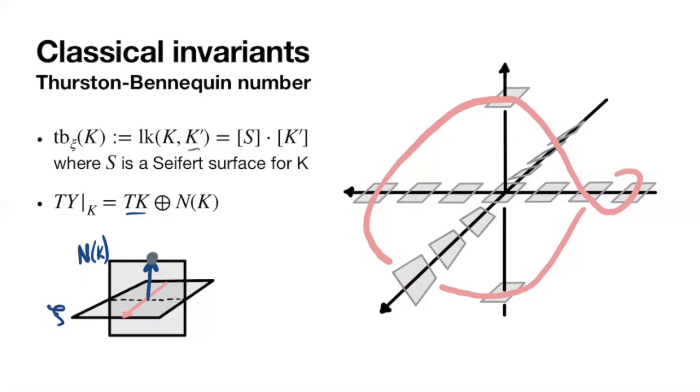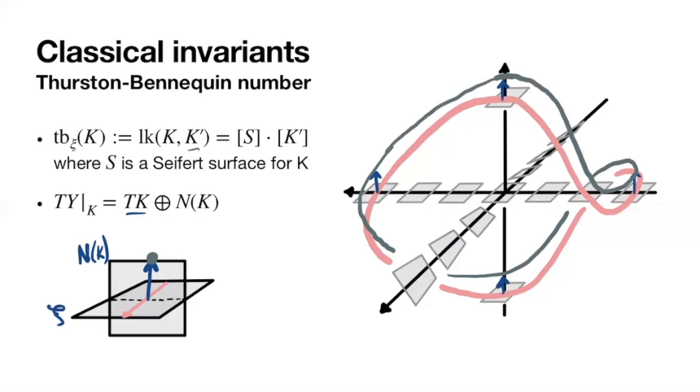Let's draw the picture here. There's a push off, there's a push off, there's a push off, there's one there, and then K prime is this knot that I get by pushing off all along the knot that I started with. So this is K prime.